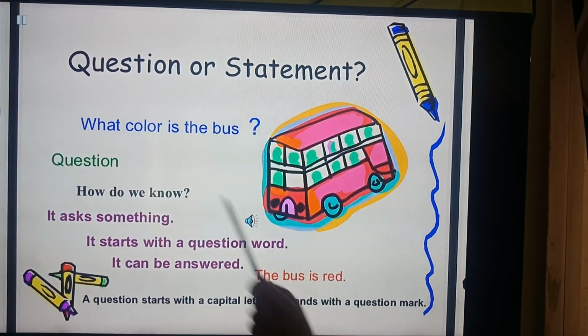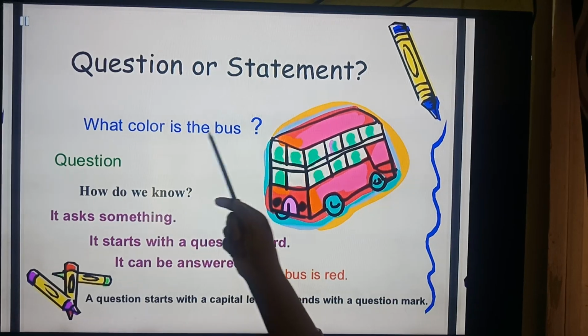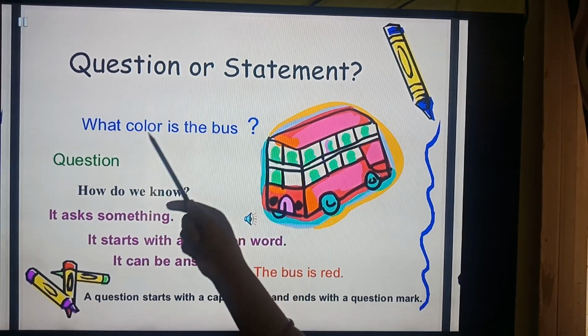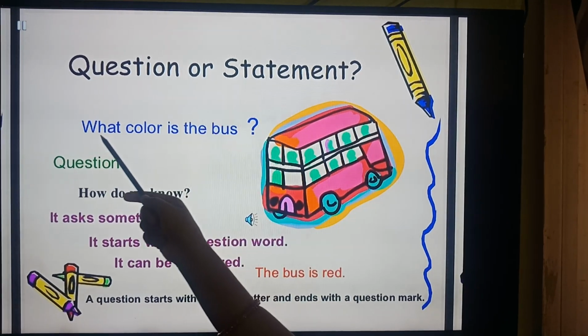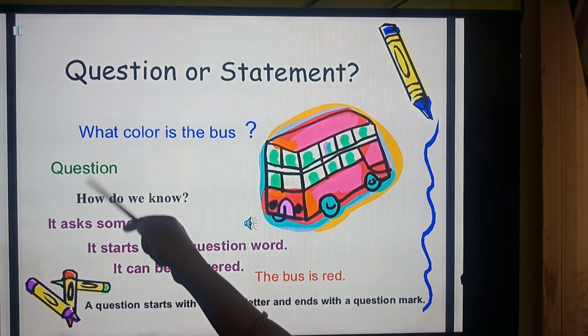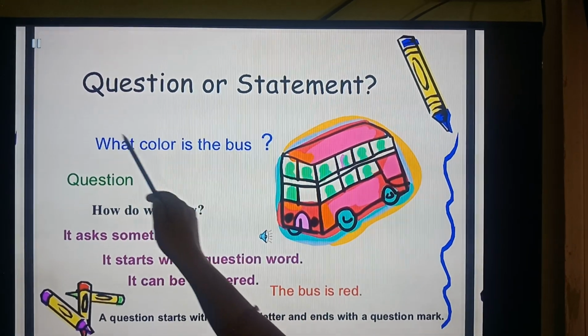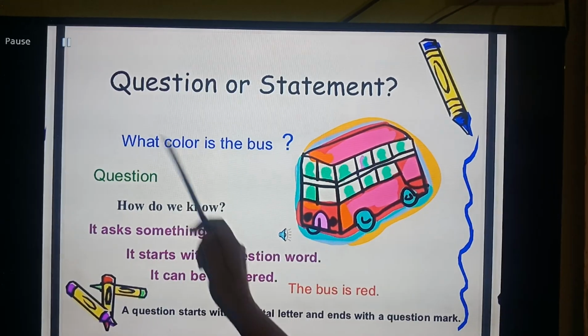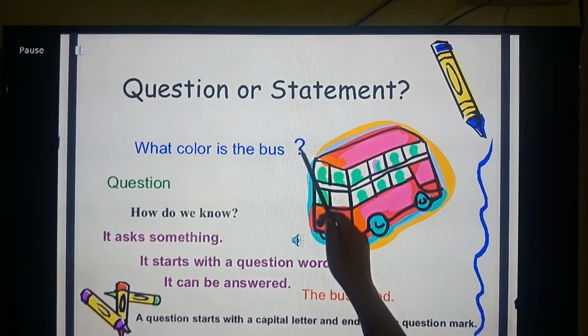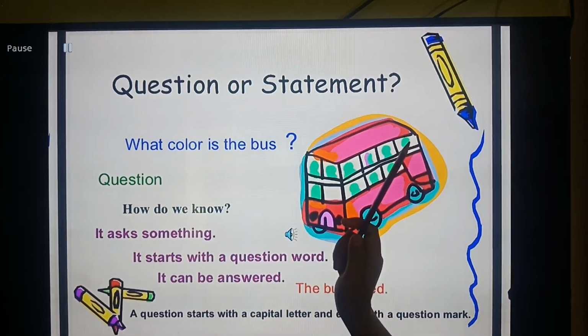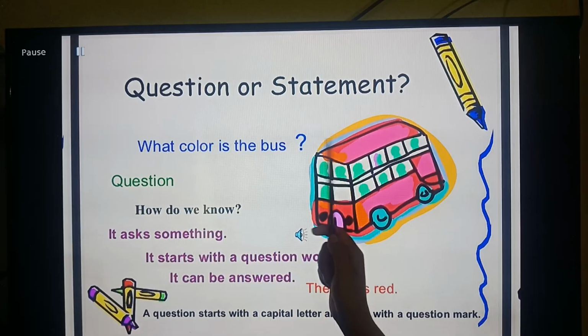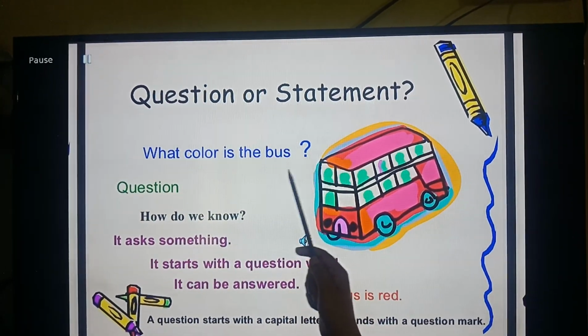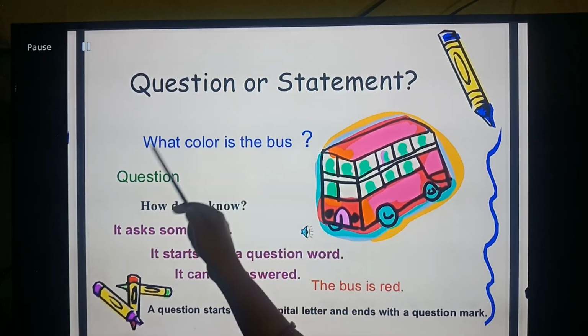Next is, what color is the bus? Here again we can see that the sentence is starting with a question word and it is ending with a question mark. Very simple. We can identify easily that this is a question.